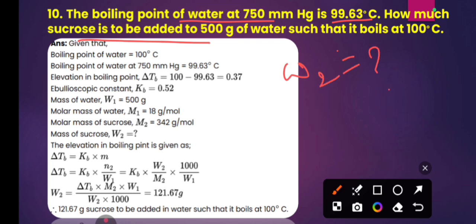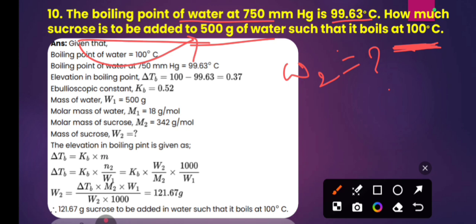How much quantity of sucrose is added in water, that you have to solve. How much quantity of water is given? 500 gram of water, such that it boils at 100 degrees Celsius. It means after addition of sucrose in water you have got the solution, and for the solution the boiling point is 100 degrees Celsius.